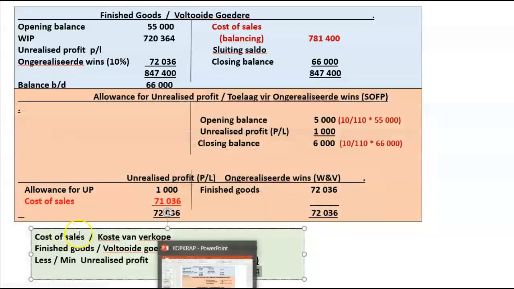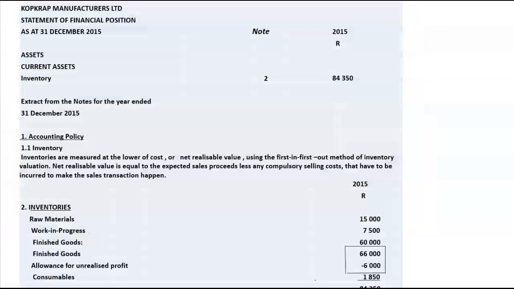Good. So let's have a look at our disclosure. Firstly, Kopkrap Manufacturers Limited Statement of Financial Position as of 31 December 2015. Note, 2015 Rand. Assets, current assets, inventory, a reference to a note number, and then the total inventory figure.